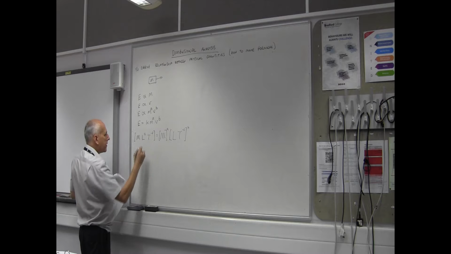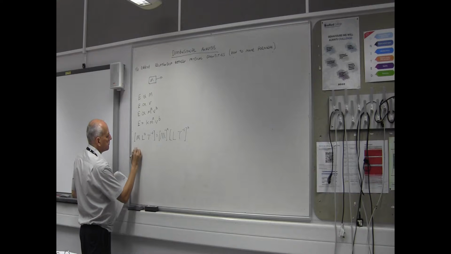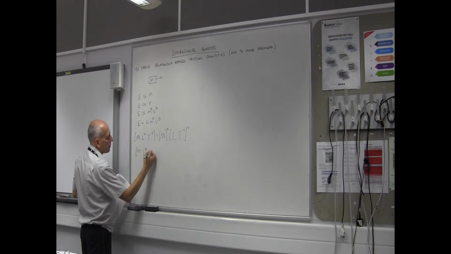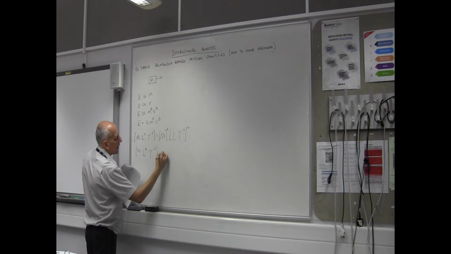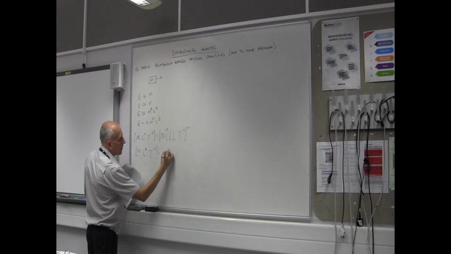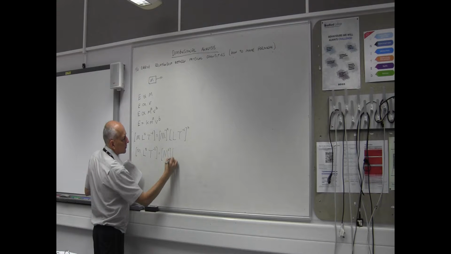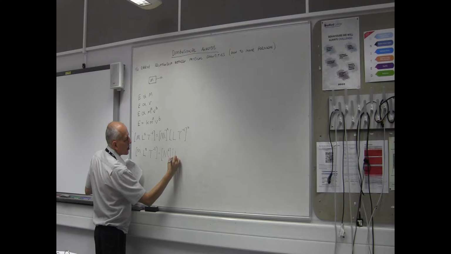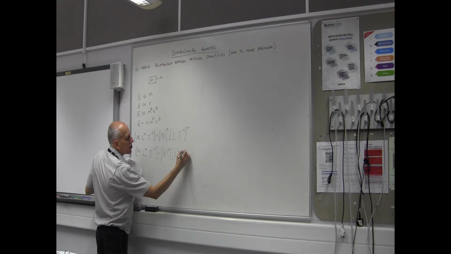So if I bring my units in, I'm going to get this would be L to the B and T to the minus 1B, or just minus B if you prefer. Okay?